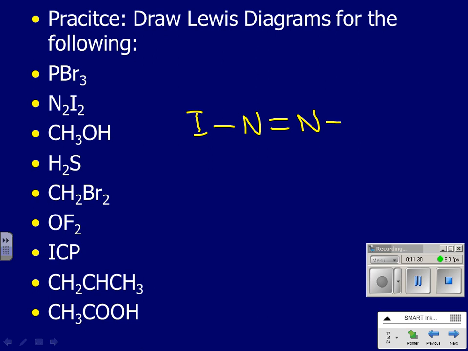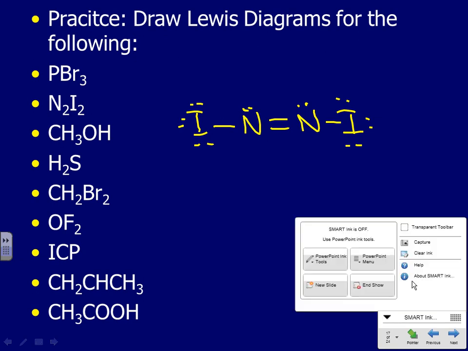Yep. Yeah, iodine. How many lone pairs on the iodines? And when you say 2, you actually mean 1 lone pair, right? 2 dots, 2 electrons. That's a good picture right there. All right. We'll clear the screen again.